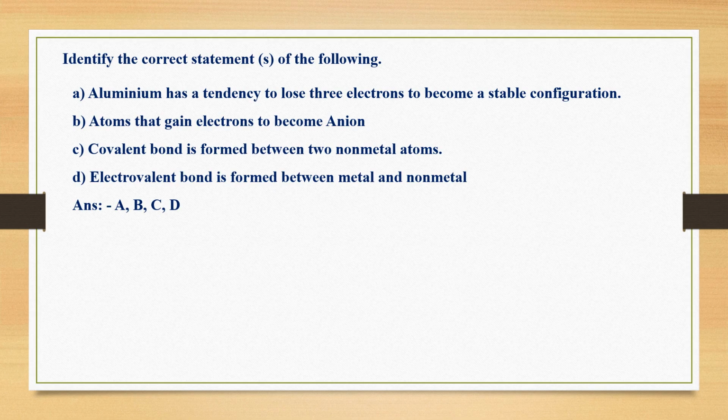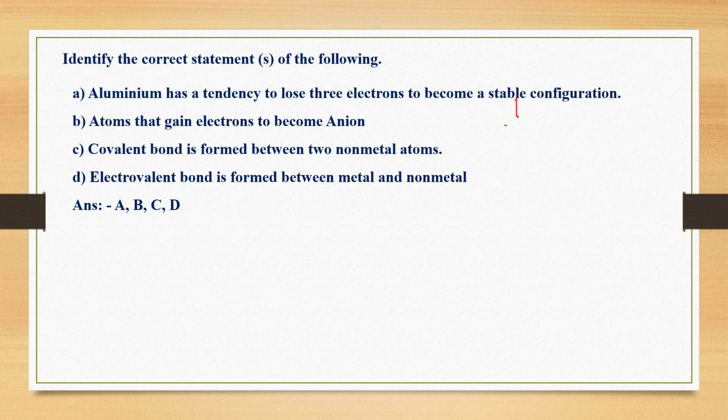Our first question: identify the correct statement, whether it is one, two, three or four of the following. We'll go through the question one by one. The first one is: aluminum has a tendency to lose three electrons. Yes, naturally.